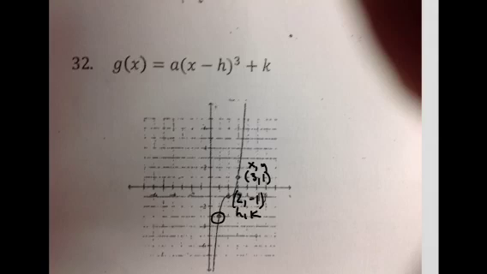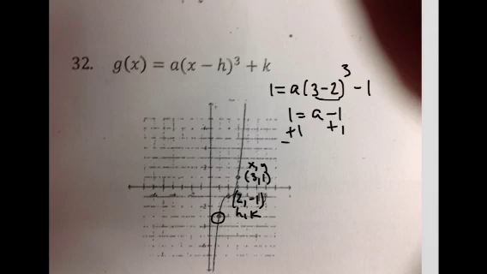So g of x is y, so I'm going to put 1 equals a times x, which is 3, minus h cubed minus 1, because k is -1. 3 minus 2 is 1, 1 cubed is 1, so 1 equals a minus 1.